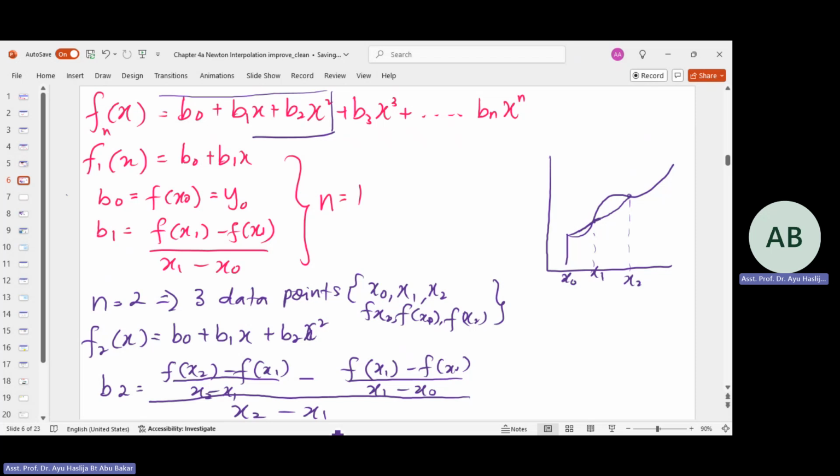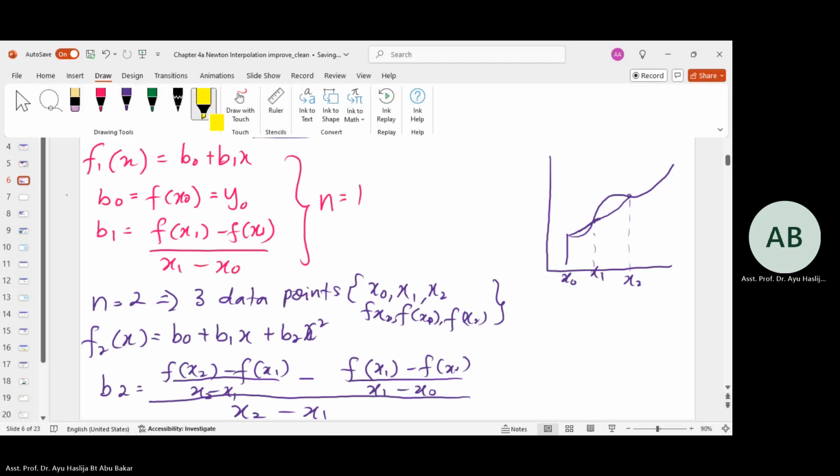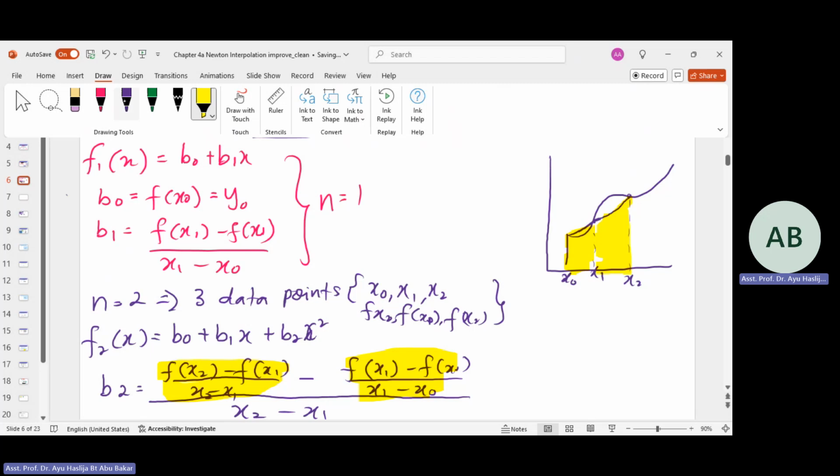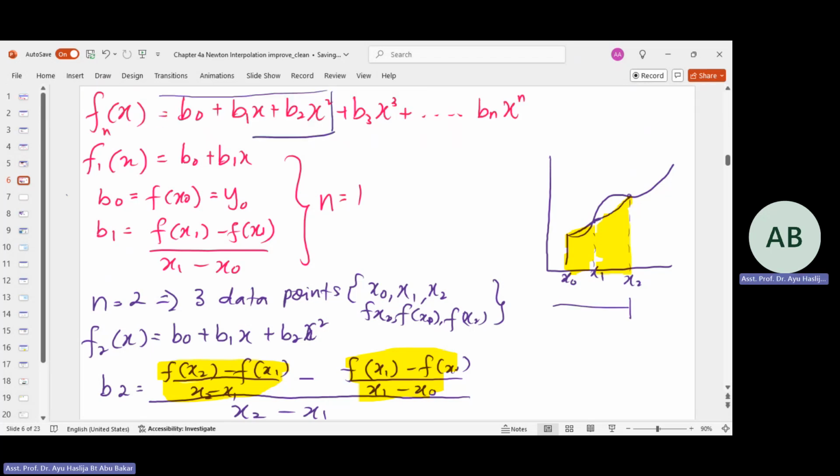For b2, this part between x2 and x1, minus the slope between x1 and x0, then it divides by the whole distance from x2 to x0.